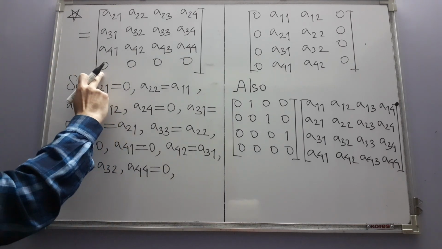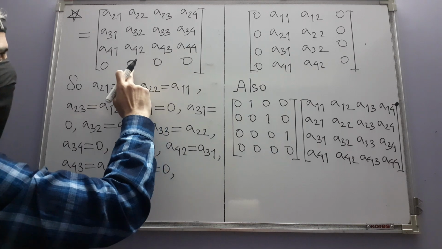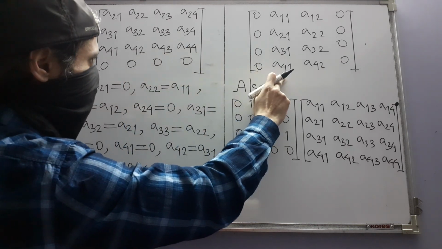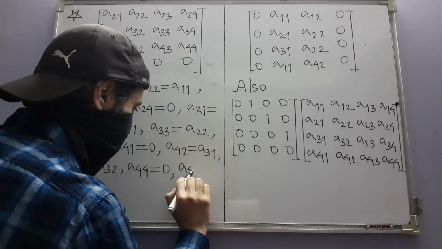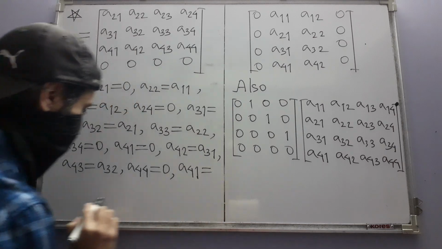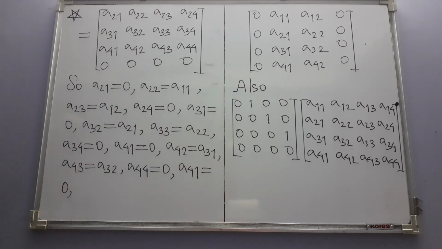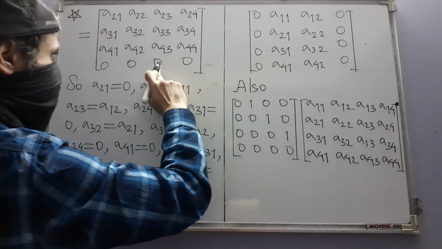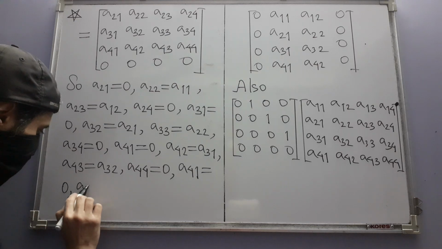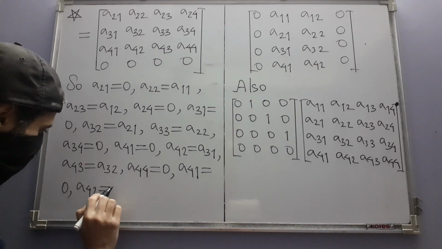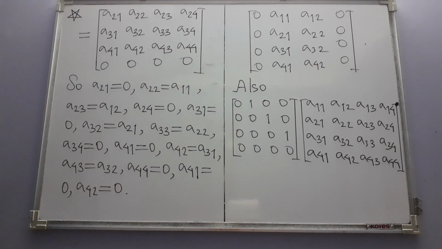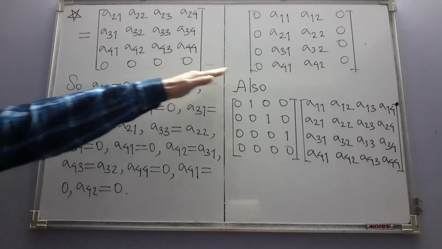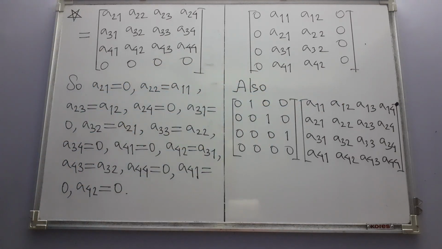There is no point in writing 0 equal to 0, but this should be equal to this. So from there you get A41 equal to 0. Next A42 is equal to 0. And that's it, because the last one is simply 0 equal to 0.